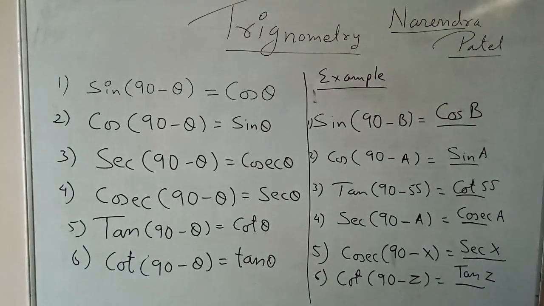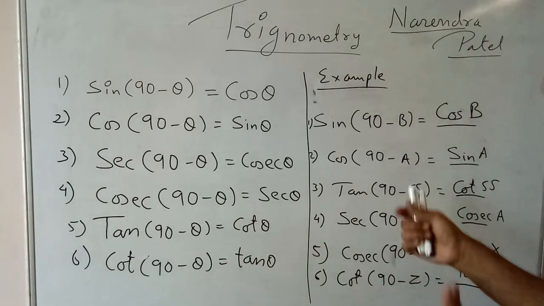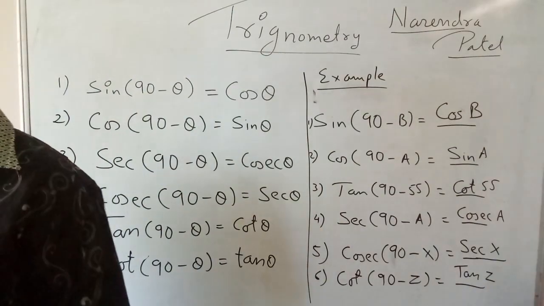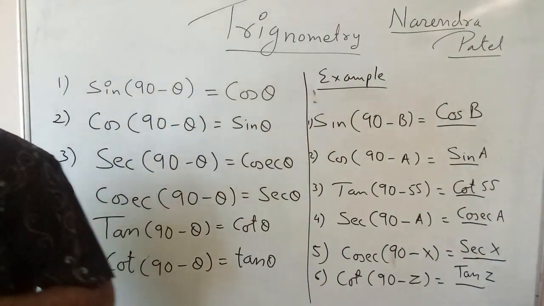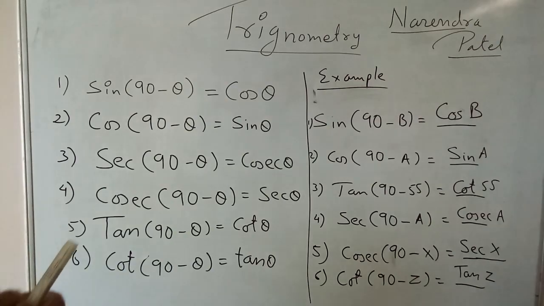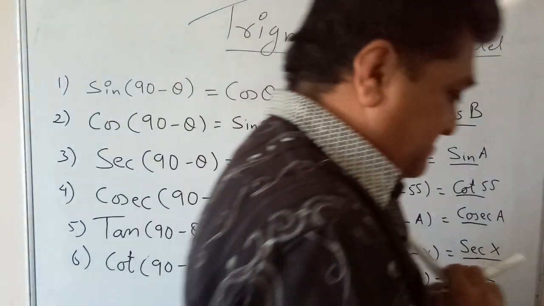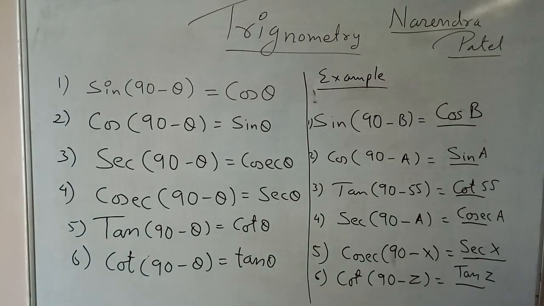So the formulas which I have given you are used for conversion, and you should know this thing. You have to use this in your sums also, in MCQ or fill in the blanks also. Whenever it is needed, you have to remember these formulas and use them.